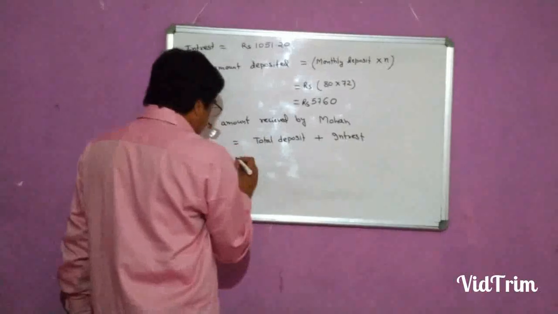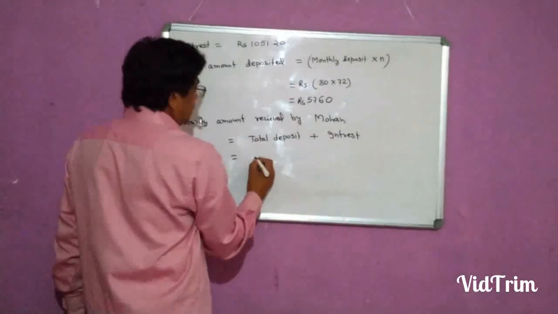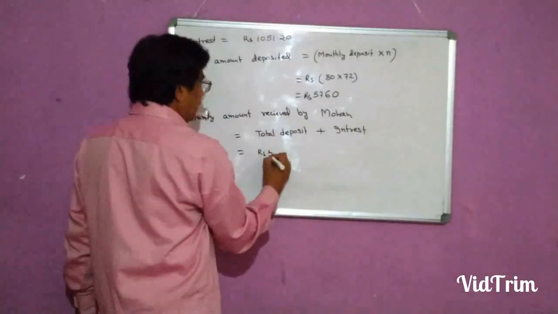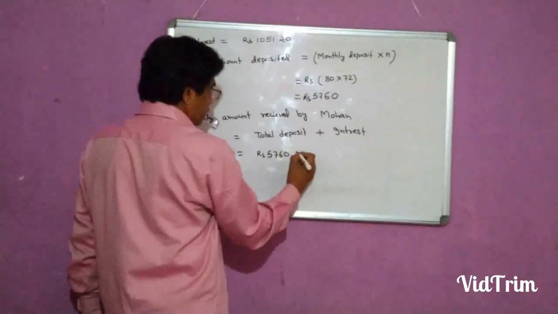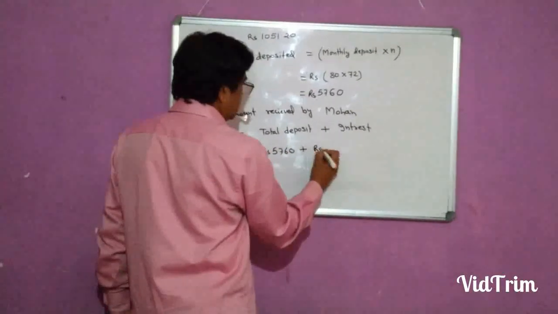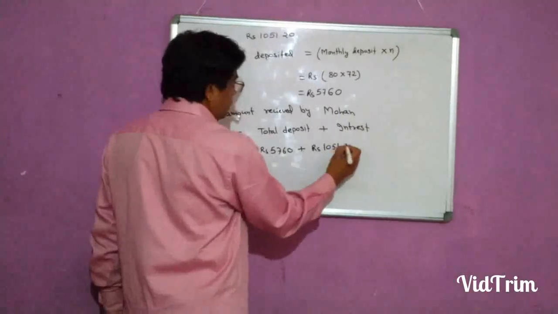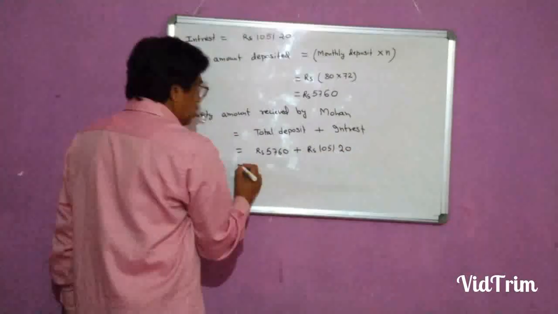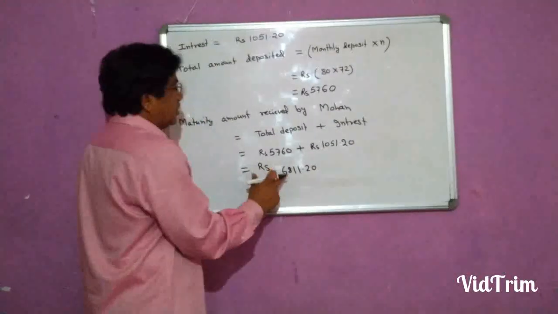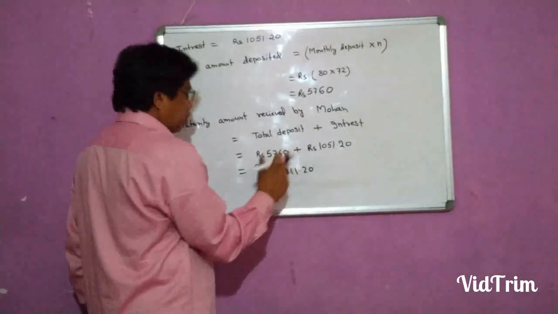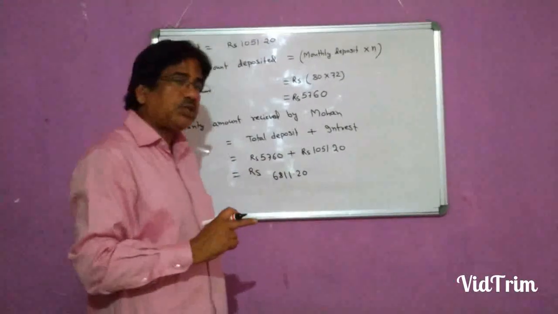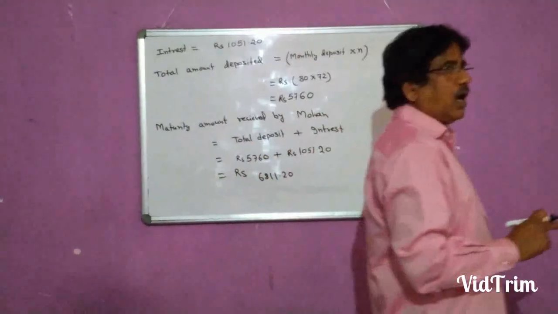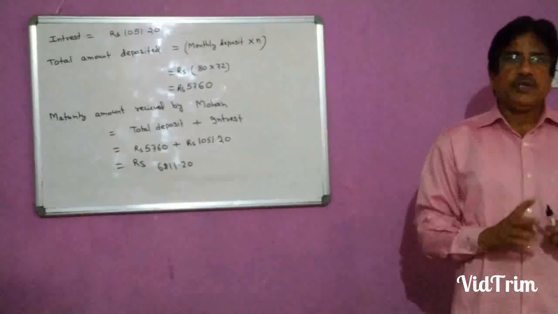So the total deposit was rupees 5760 plus the interest was rupees 1051.20. So we get 6811.20. This is the maturity amount which Mohan will receive after completing 72 months.